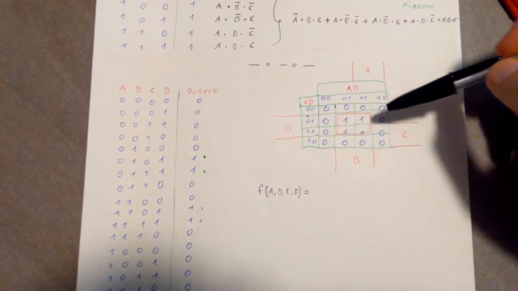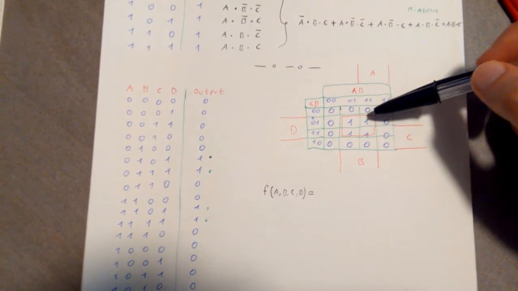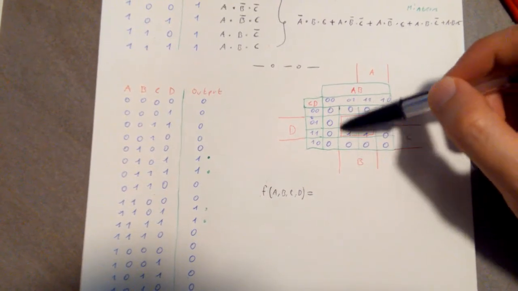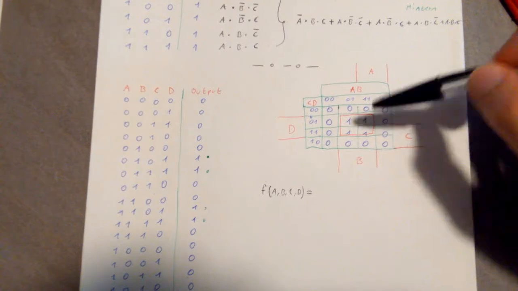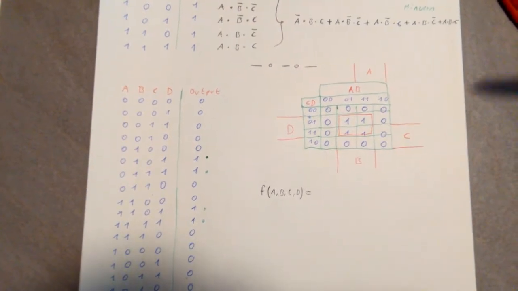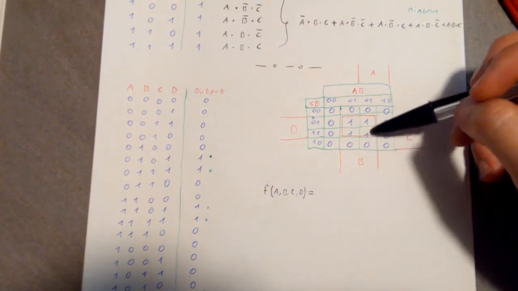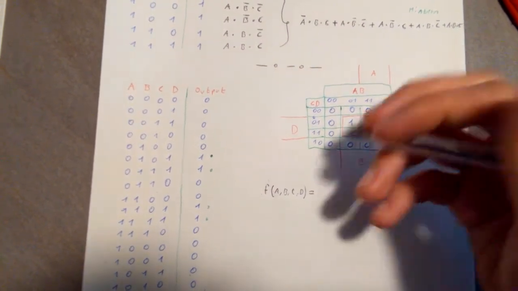Well, this is my group. Is it completely inside A? No. It's half inside and half outside, because this part here doesn't fall inside A, so I'm not going to put anything for A. Then I'm going to look at B, and I'm going to see that the group is actually all inside B. So I'm going to write B.